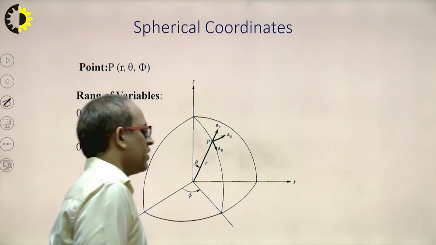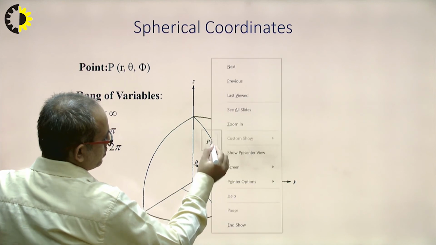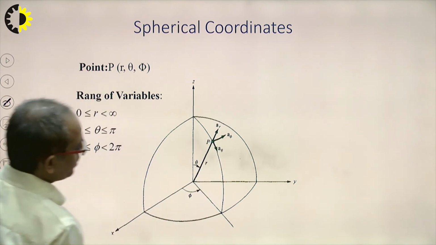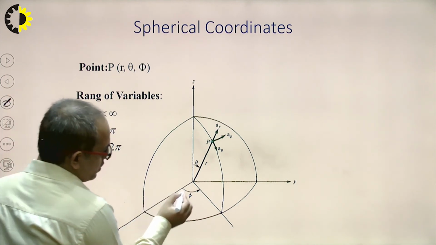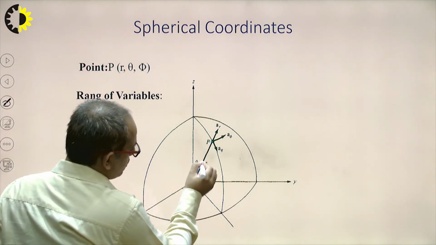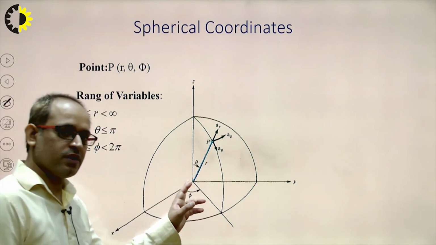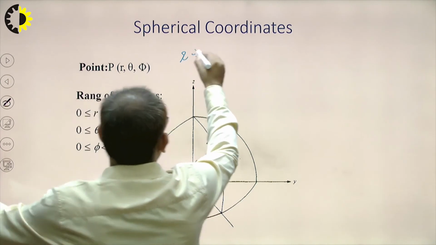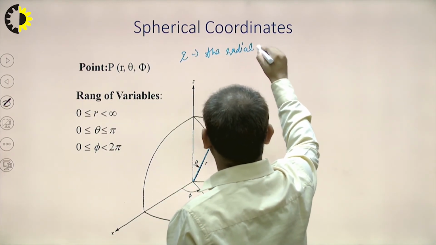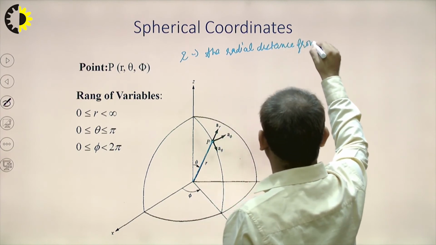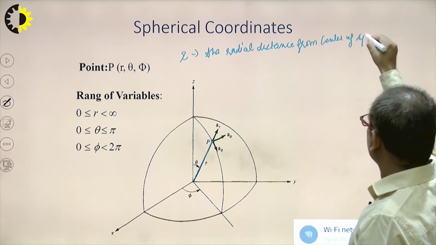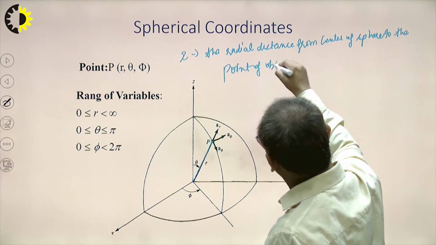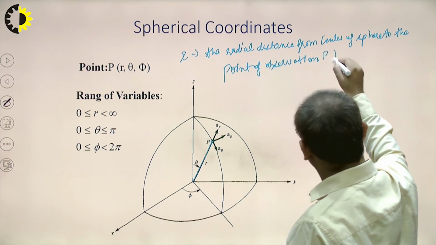Now see, if I want to calculate the direction of unit vectors at this point P, you will see here that r is the radial distance from the origin, the center of the sphere, to the point of observation, that is P. Clear?